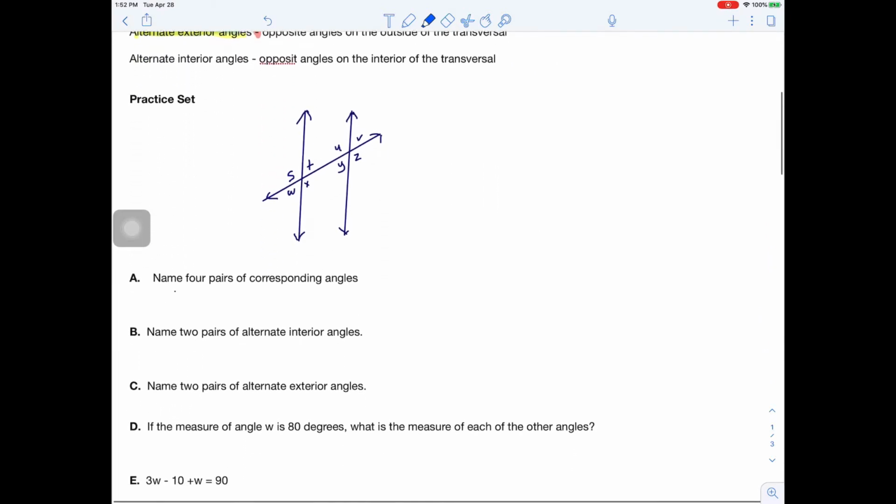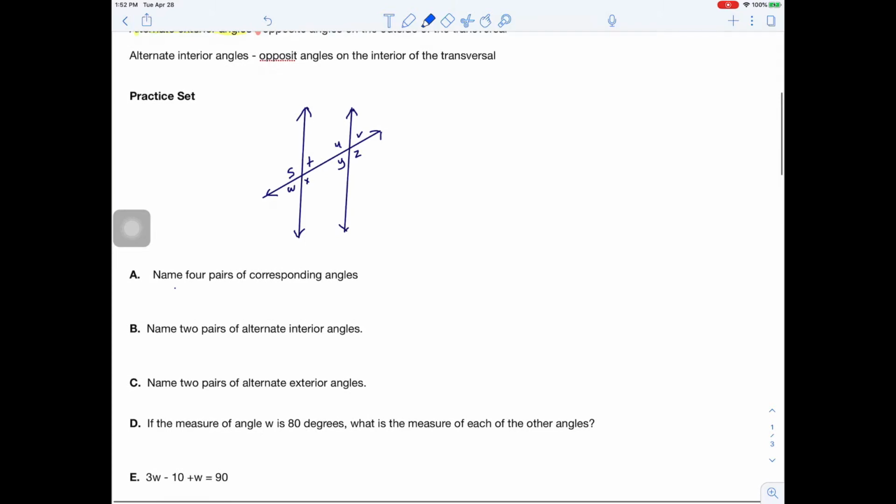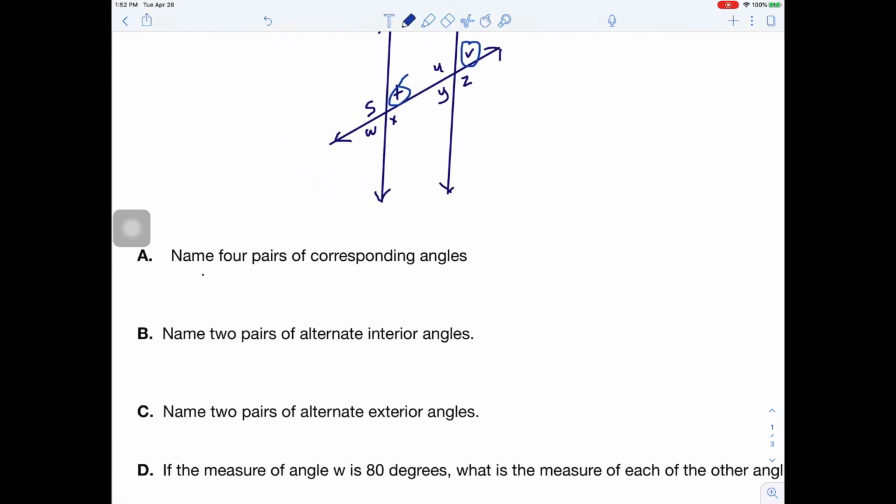So when we look at our practice set, that should help us looking at corresponding angles as well as looking at alternate angles. It asks us to name 4 pairs of corresponding angles. The first one we're going to look at is V. So we have angle V and T. That's 1.